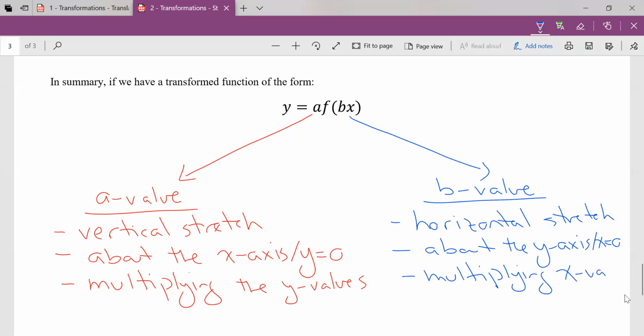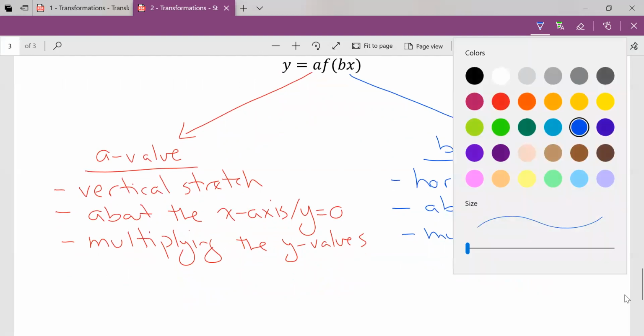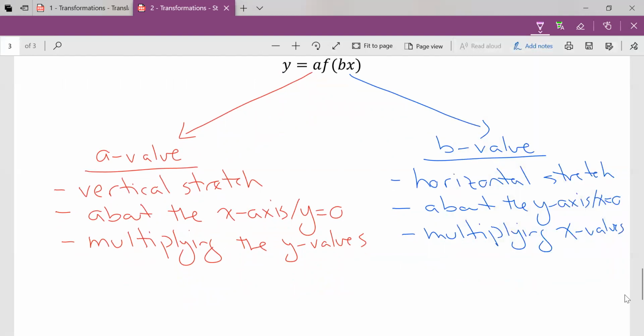But what are we multiplying for both of these stretches? What are we multiplying the x and the y values by? So for the vertical stretch, in the way it's written right here, I would be multiplying the y values by a factor of a. So what would happen here is our map, x, y, would become x, a y.